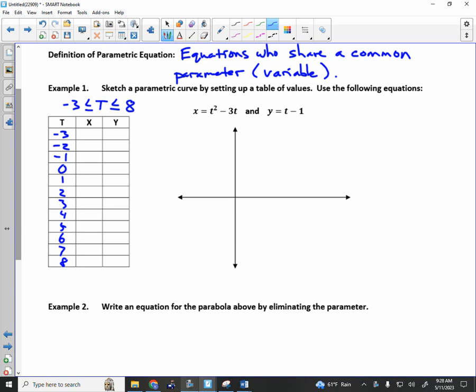In order to get x, I have to square t and subtract 3t. So what's -3 squared? 9. And then -3 times -3 is 9, and 9 minus 9 is 0. So x would be 0 in that situation. I plug in -2. -2 squared is 4.